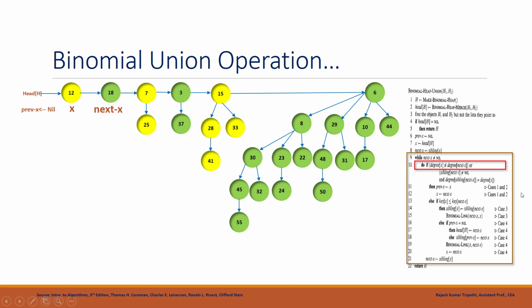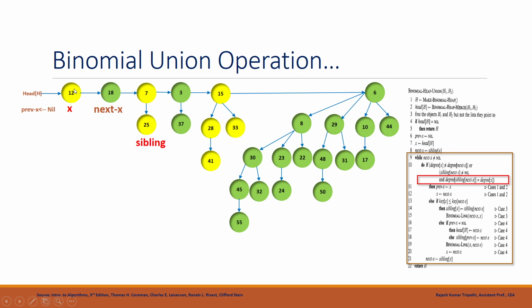Again there is another condition in the OR part, so we will go for that. Sibling of next X, meaning next to next X, not equal to nil. Yes, it is not equal to nil. So again in the AND part we have 2 conditions, first this one and then AND. Again we will check the degree of sibling of next X is equal to degree of X. No, it is also false.